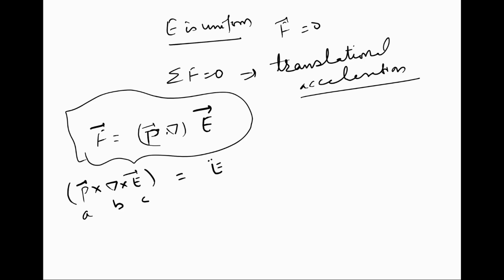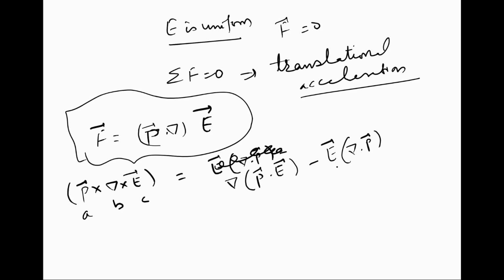So it will be E del dot p minus, or again I have made a mistake. So writing in proper sense, it will be del (p dot E) minus (p dot del) E.